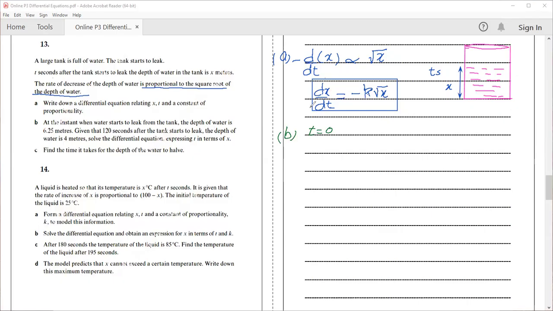For this experiment, for this observation, the time starts at zero. So when you start your observation or your experiment, time is equal to zero. At that time, the depth of the water, meaning x, is equal to 6.25 meter.